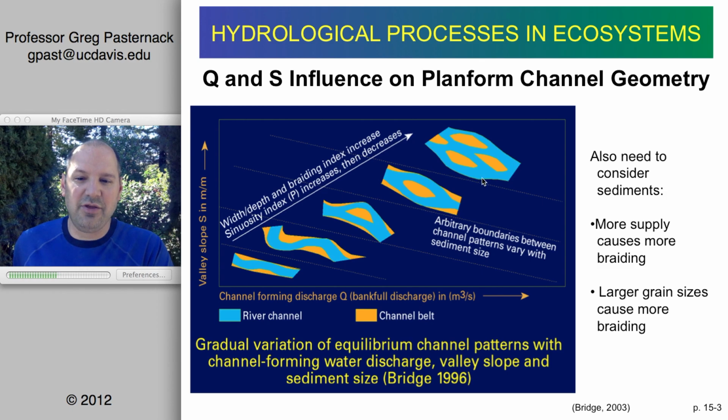So you start in the lower left, and you have a relatively straight and simple channel. Then along the diagonal, if both of those are increasing, you get more dynamic river corridors, which means that more of the corridor is active. And by definition, that leads to a braiding condition. So you go from straight to meandering to transitional and then braided.